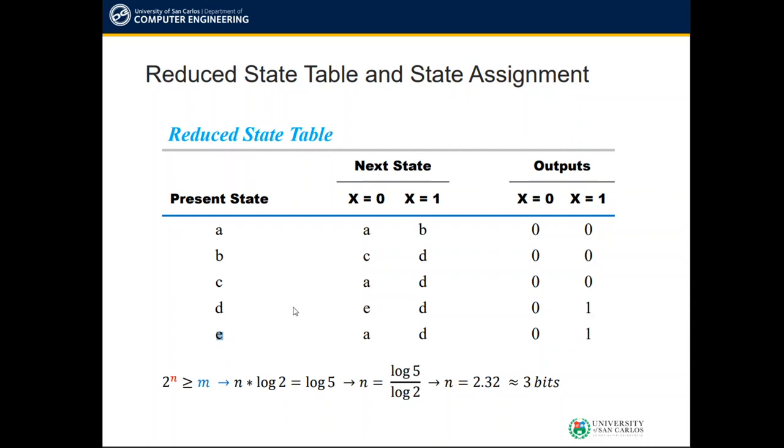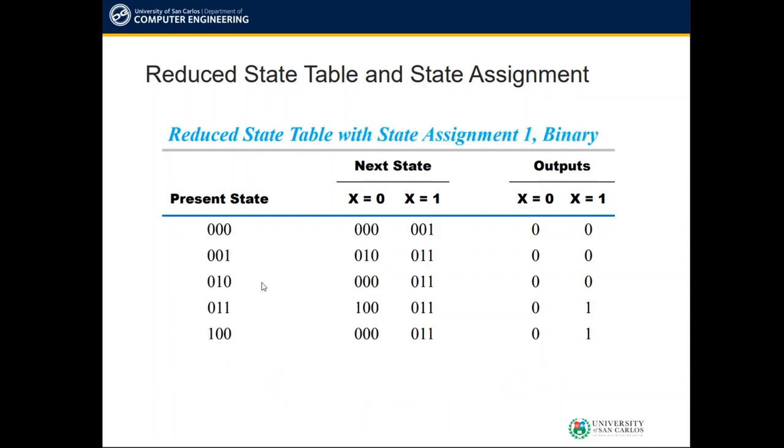We substitute these here, and this is now the assigned states. Later, when we convert this into flip-flops, it will be easier. In this case, there are 3 flip-flops.